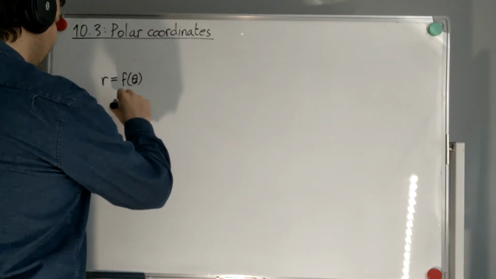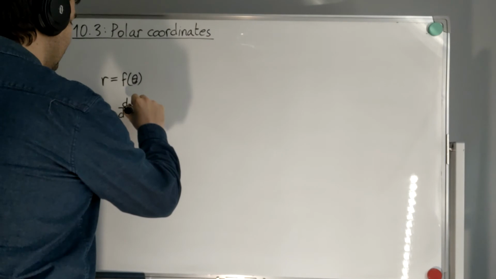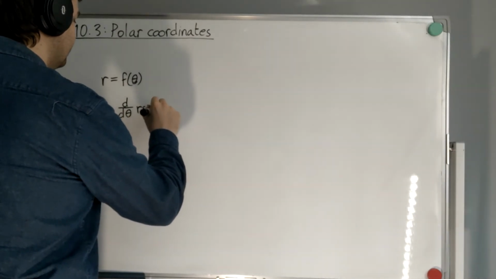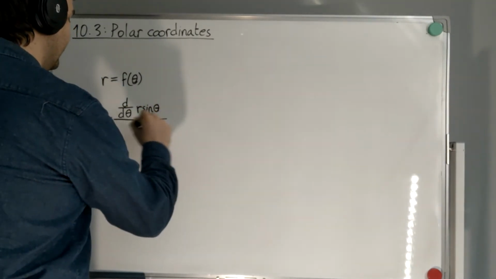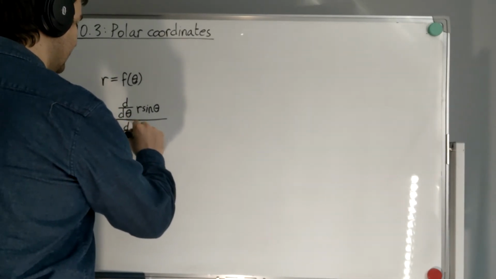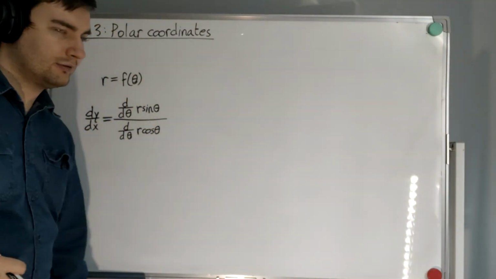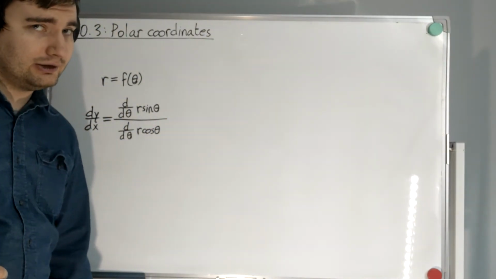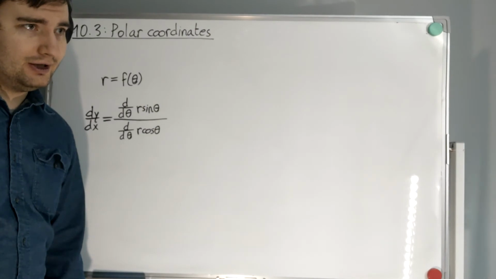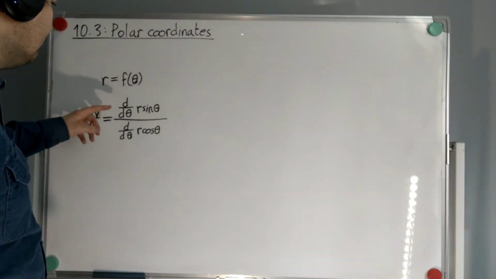This happens to be the derivative with respect to theta of r sine theta divided by the derivative with respect to theta of r cosine theta. Now, at first glance, you might think that that doesn't look complicated at all. This is a mistake that I often make with this computation.